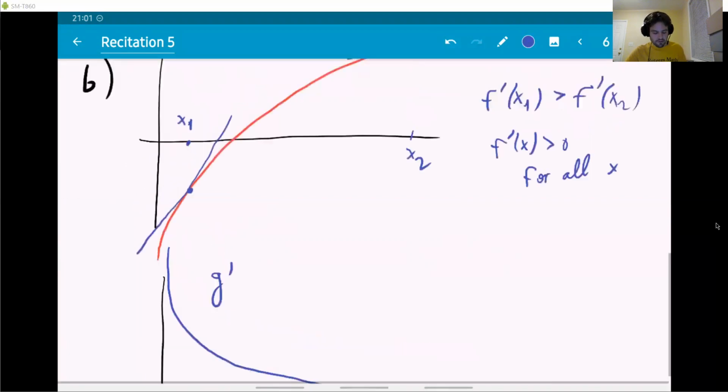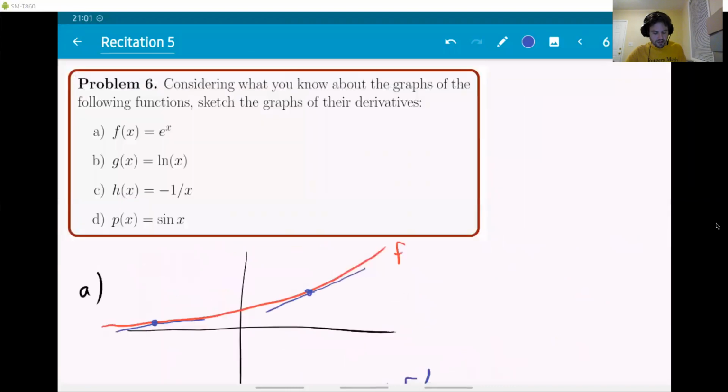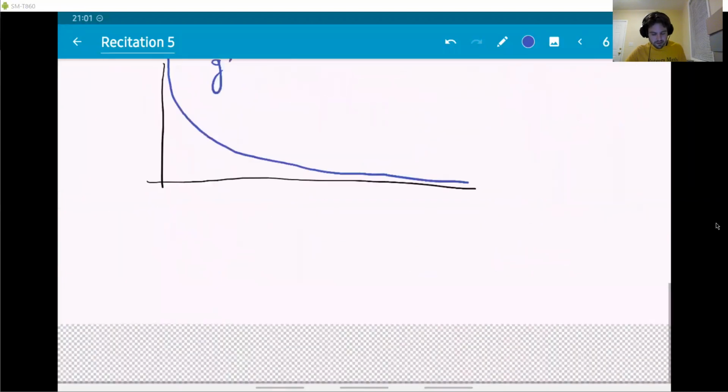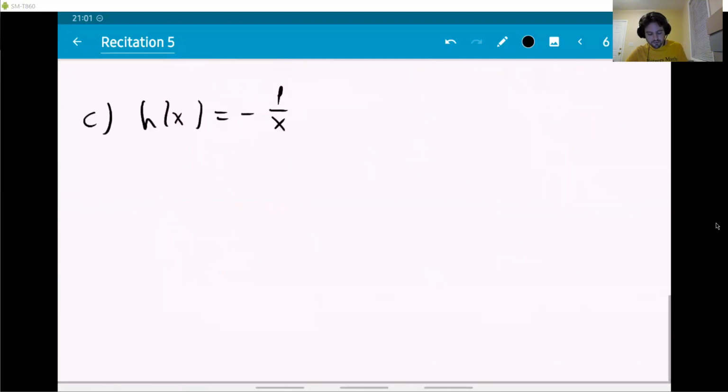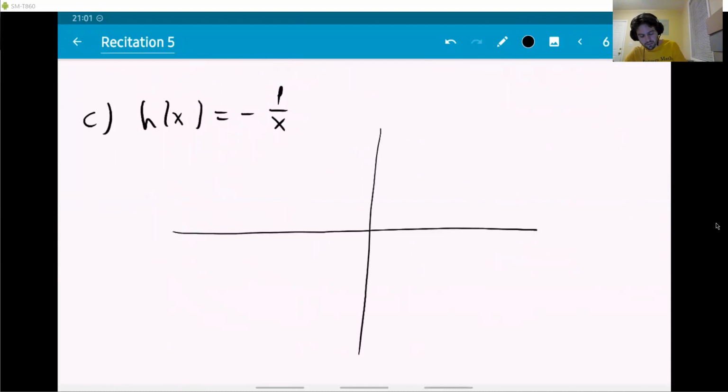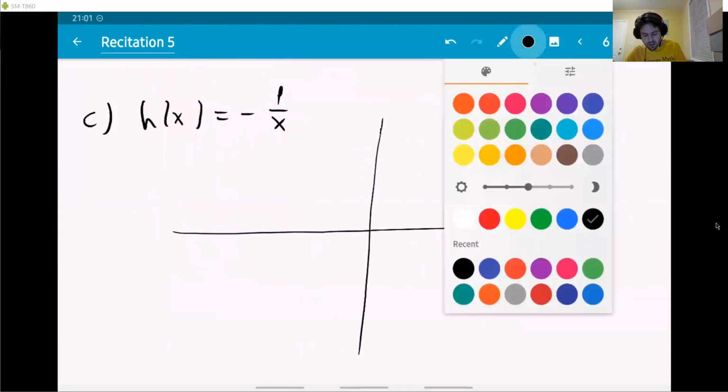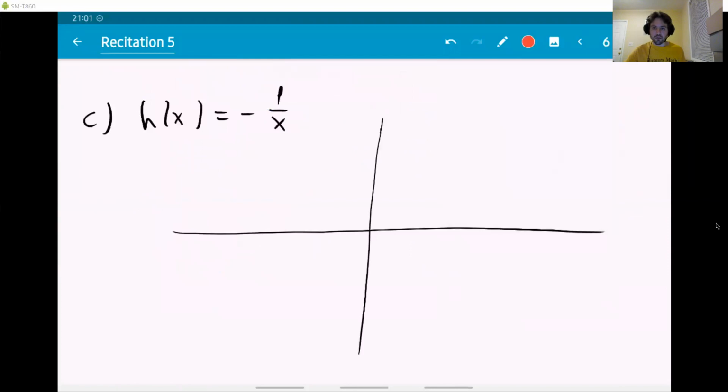Let's continue. H is the function minus 1 over x. We have to draw the graph. I'm going to draw two pieces of graph and then erase them right here.